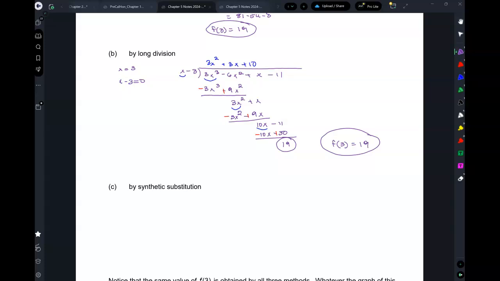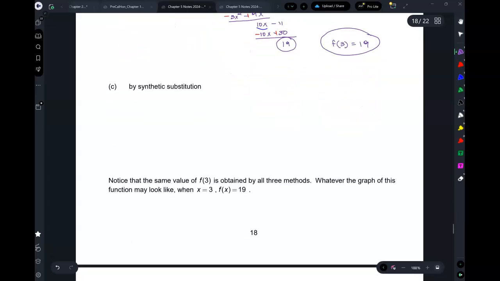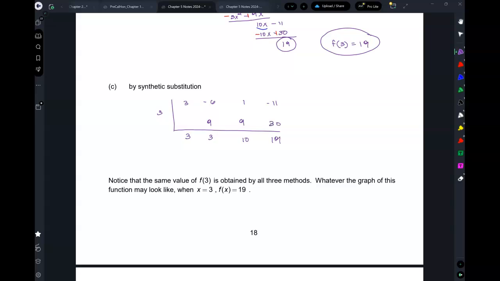Okay? So now let's do the same thing by synthetic substitution. So here, inside, we're going to have 3, negative 6, 1, negative 11. Outside, we're going to have 3 because it's f of 3. The first 3 comes down. Multiply, you get 9. 3, 9, 10, 30, 19.